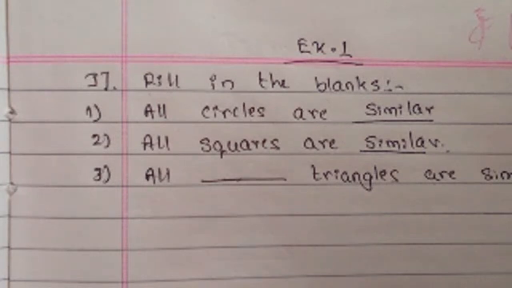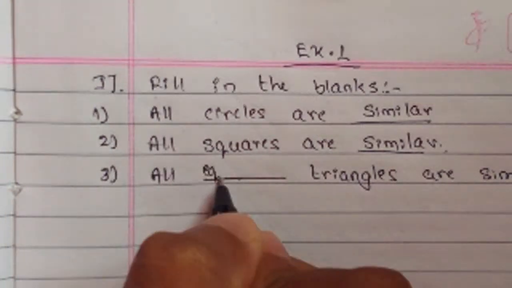If you know the first two answers correctly, then you can answer the third one. All dash triangles are similar. Equilateral. Okay, the answer is equilateral.